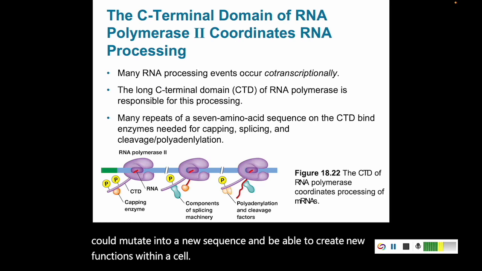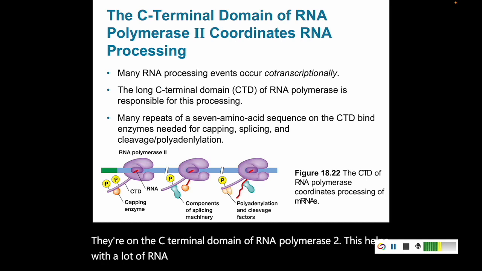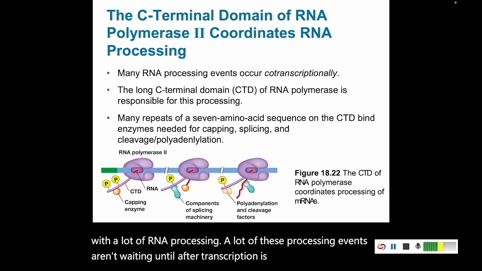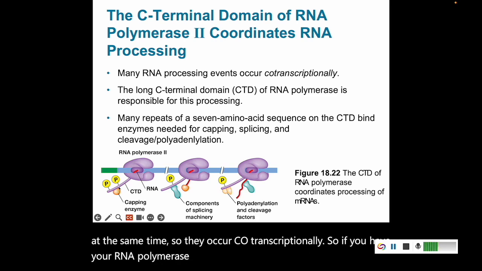Then the C-terminal domain of RNA polymerase II helps with a lot of RNA processing. A lot of these processing events aren't waiting until after transcription; they are done at the same time, so they occur co-transcriptionally. If you have your RNA polymerase here, you can see the capping enzyme here during transcription.